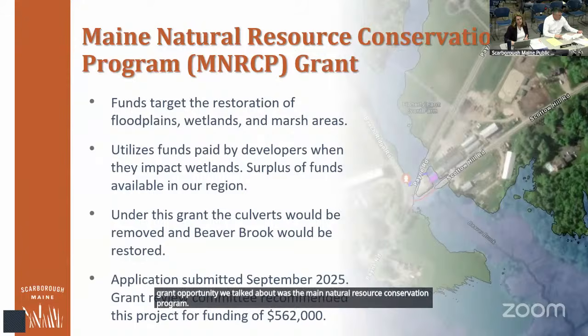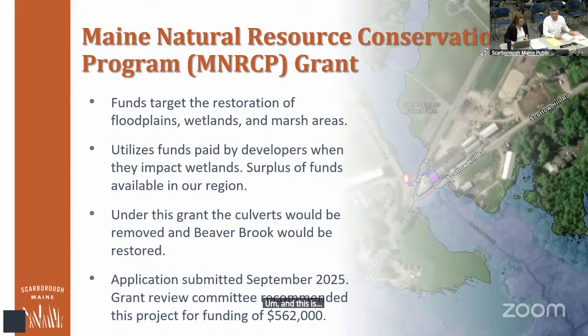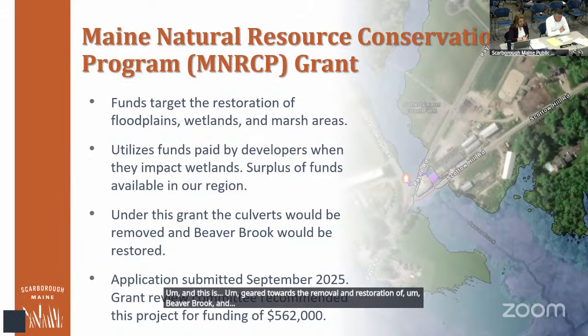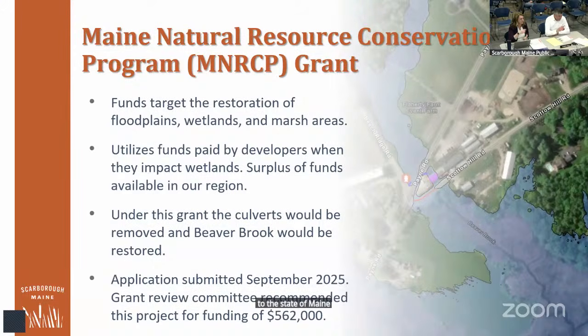And this is geared towards the removal and restoration of Beaver Brook. And essentially as developers in the region fill wetlands, they actually write a check, an in lieu fee, to the state of Maine. That's how these funds get collected and accumulated.